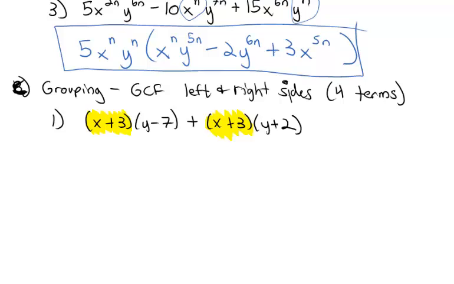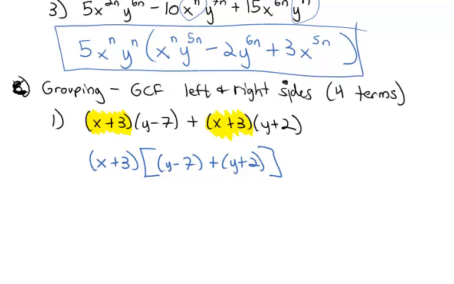That is the GCF, so we're going to factor it out as an x plus 3. Notice it did not come out as x plus 3 squared because there's 2 of them. Squared means we multiply them together. These are added together. These are factors that are pulled out. So we pull out a factor of x plus 3, leaving behind a y minus 7 plus a y plus 2.